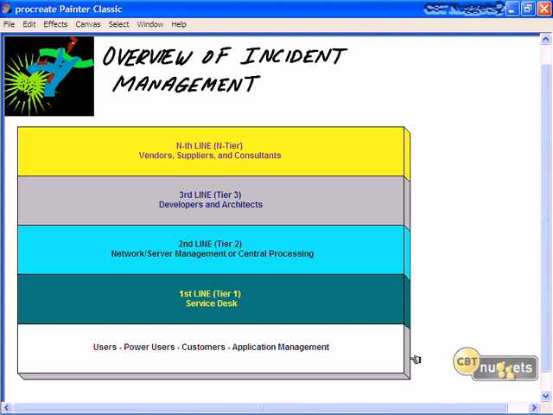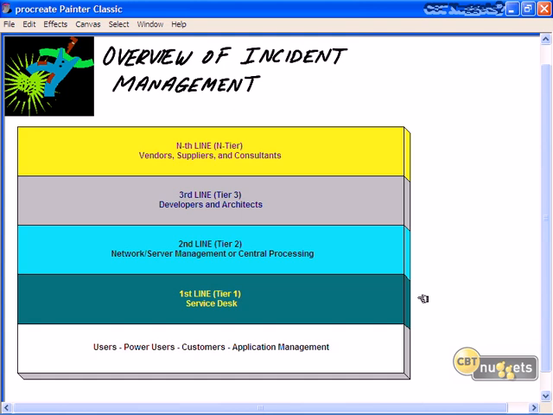But again, at the bottom we have, of course, our customers, our users, our power users, our corporate application management. And then from there, it's going to move in the incident management process to the first line or the first tier. Again, this can be vertical or horizontal, and that's our service desk, which we've discussed in detail earlier in this CBT nugget.